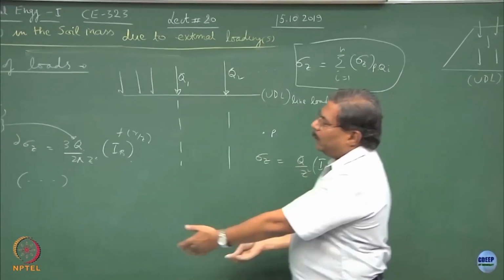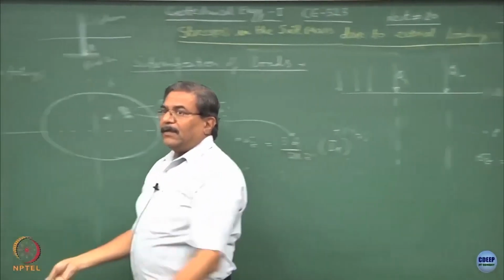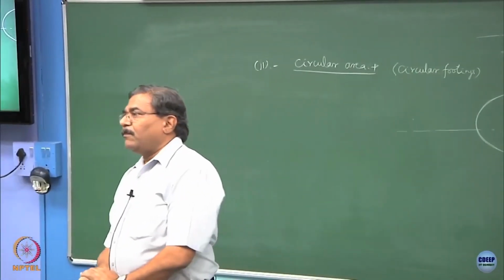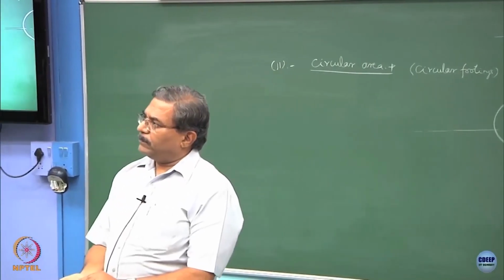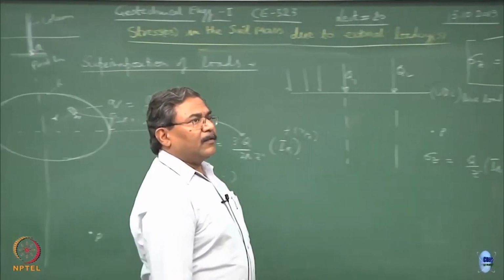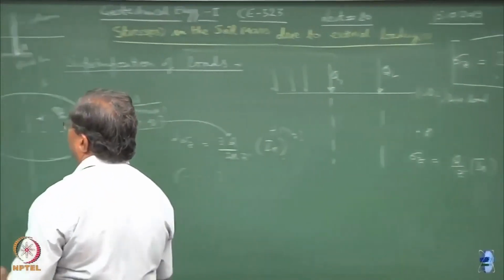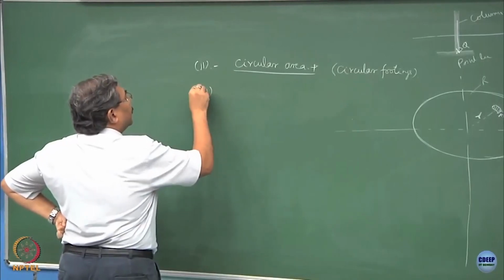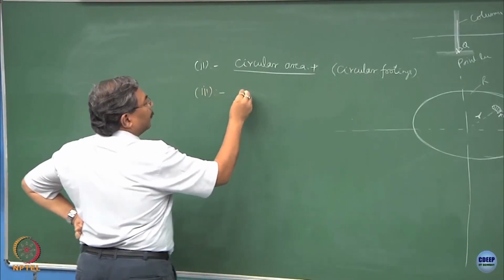The same thing you can do over here also. Conceptually things are same. Fine. Another interesting thing, sometimes what we do is, rather than having circular footings, we might be having, let us say, strip footings.